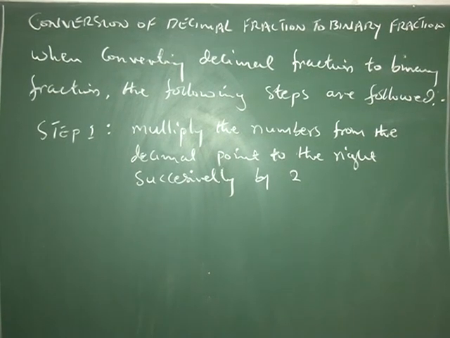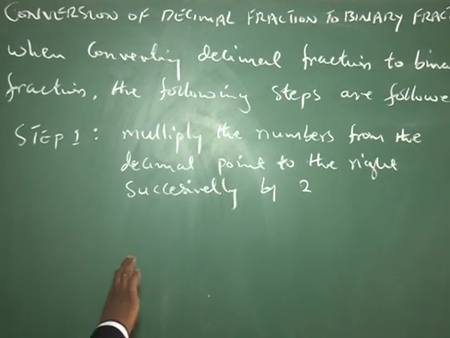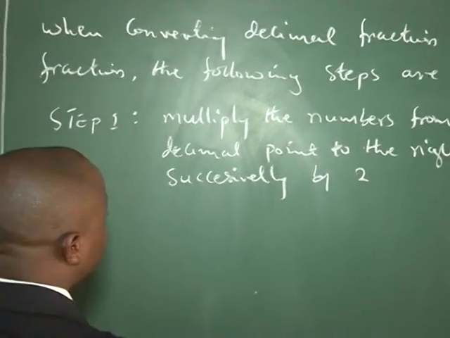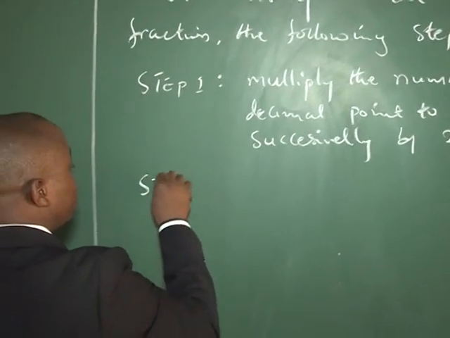Multiply successively by 2, from the decimal point to the right.